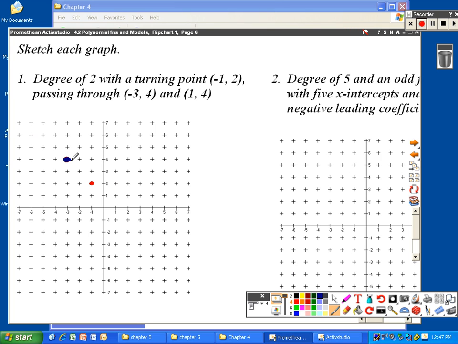And 1, 4. So if it is a degree of 2, I must have how many turning points? 1 turning point. So it should be parabolic. That would be my graph.